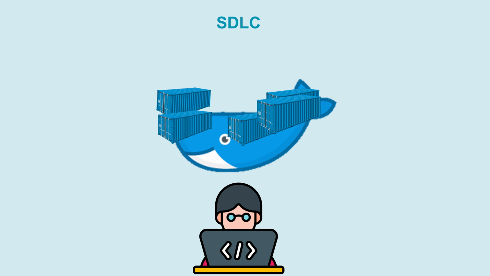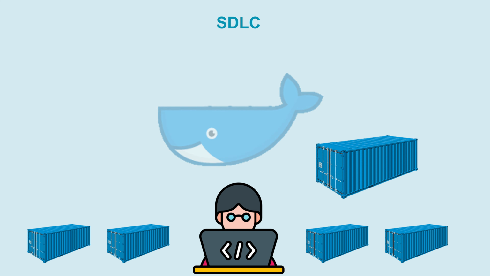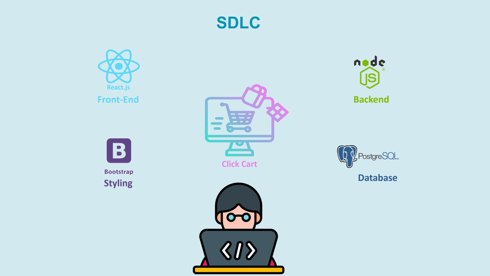So this is like everything, every single dependency, all of these four: React.js, Bootstrap, Node.js, and PostgreSQL that are required to set up this app, and along with the app code as well, has to be set up.